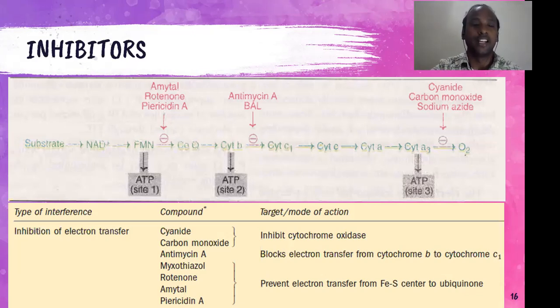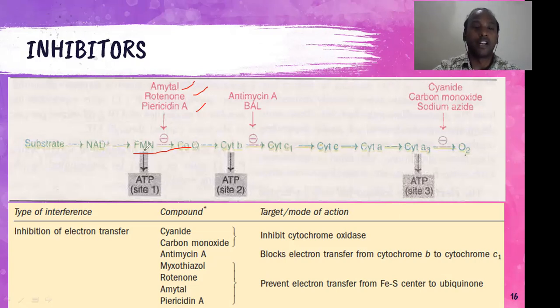So you can see, I'll take the annotation here, this is complex 1. For complex 1, the inhibitors are amytal, rotenone, and piericidin A. These can inhibit the electron transfer from the iron sulfur center to the ubiquinone.